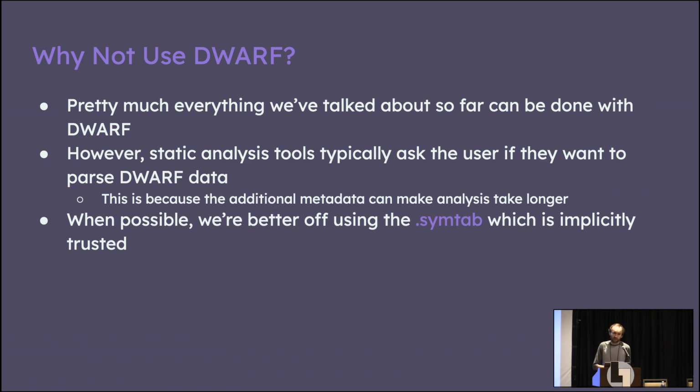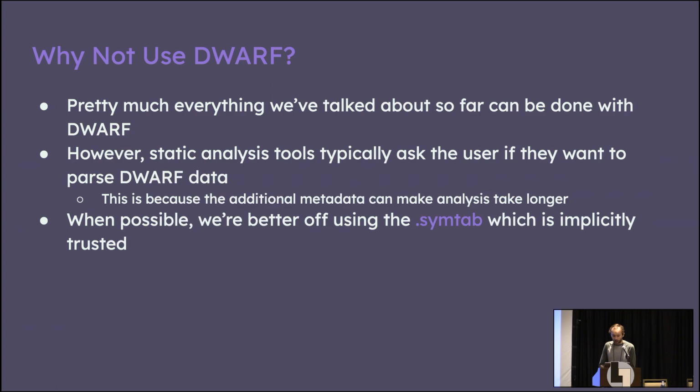If you load a binary with DWARF data, IDA and Ghidra will ask, hey, are you sure you want to parse this? Because if it's a big binary, it could take way longer to analyze all that DWARF data. So all else being equal, if we're able to do something through the symtab, we're probably better off doing it, because that's going to be implicitly trusted instead of requiring the analyst to actually press yes, parse this for me.